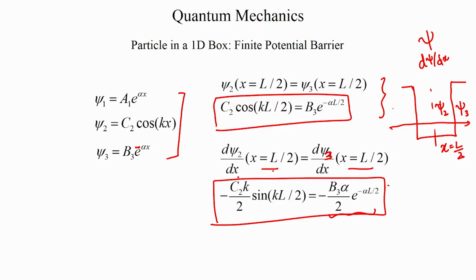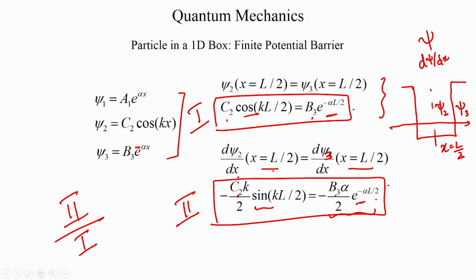So, what we are going to do is just examine these two terms. Now, you see this, you have a sinusoid, you have a cosinusoid, you have C2, C2 and you have B3, B3, and you have the same kind of an exponential term. So, suppose I were to label this equation as equation 2 and this is equation 1. What I would like to do is divide equation 2 by equation 1.